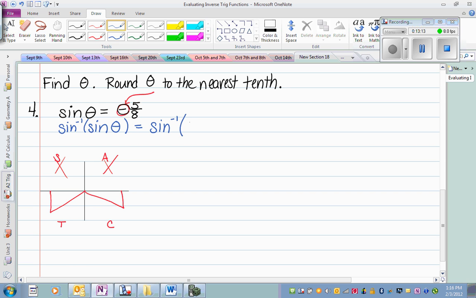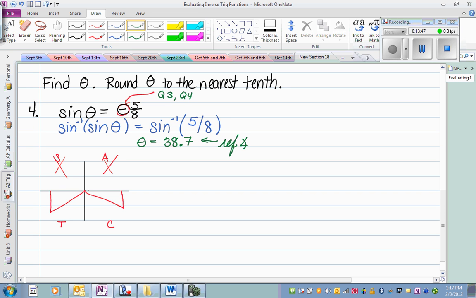Yeah, the positive, 5 divided by 8, the positive value, because then theta is the reference angle. This means Q3 and Q4. What do you get to the nearest tenth? 38.7 degrees. Good.